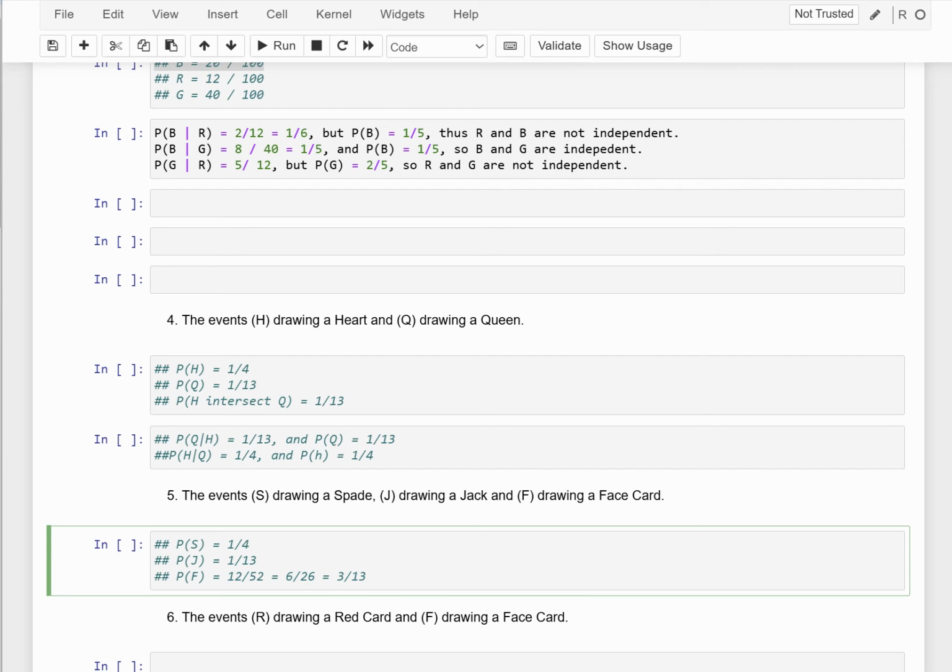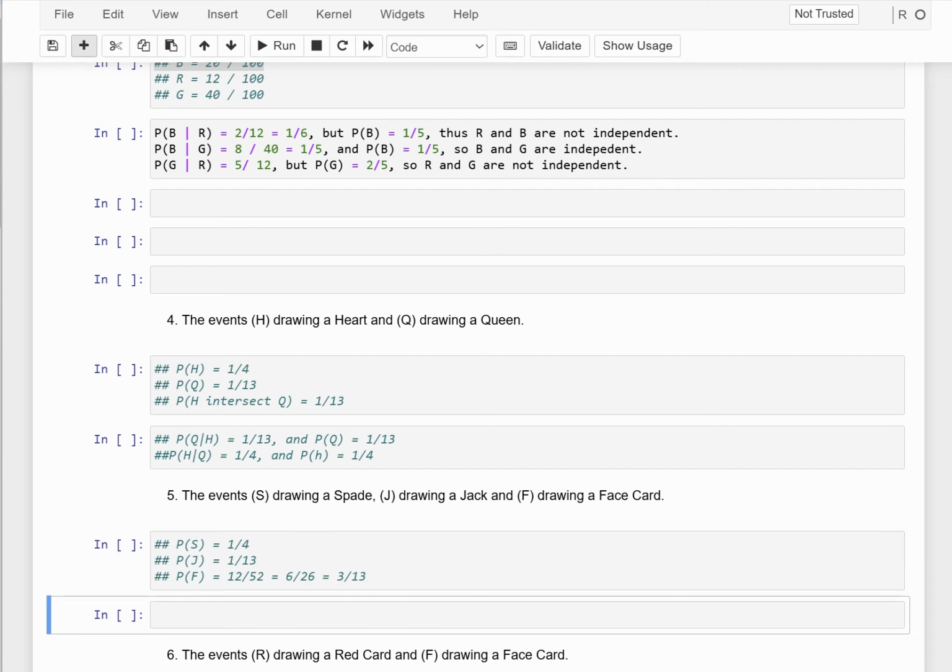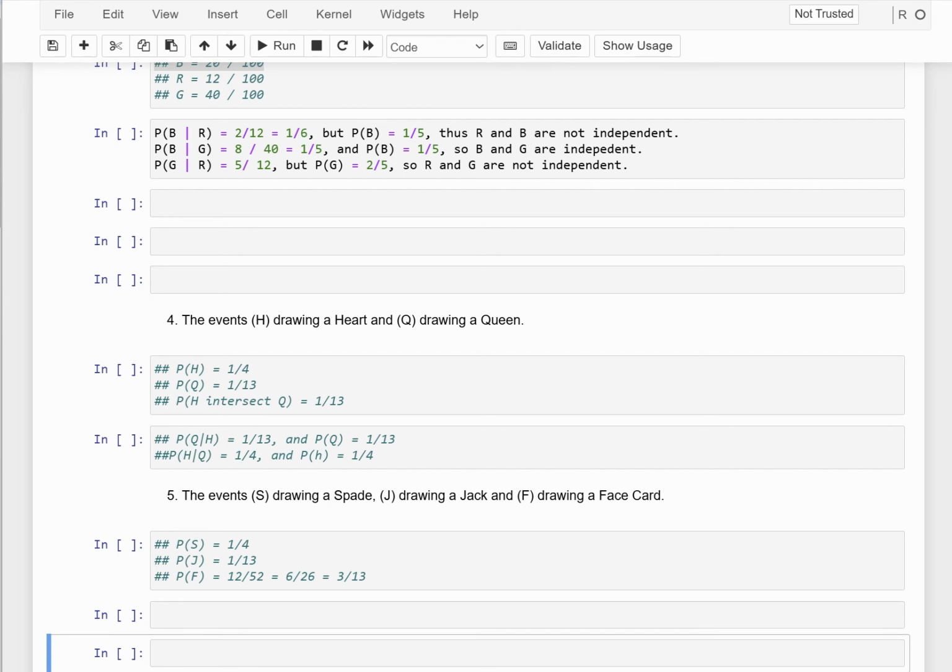So drawing a spade and drawing a jack. Notice that that is exactly the same as drawing a heart and drawing a queen. It's just a different value and a different suit. But we found out that these were independent. So spade and jack are also independent.